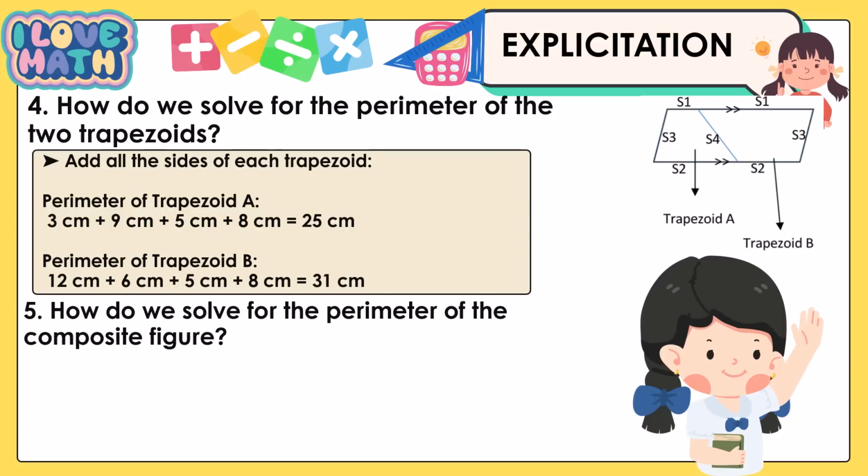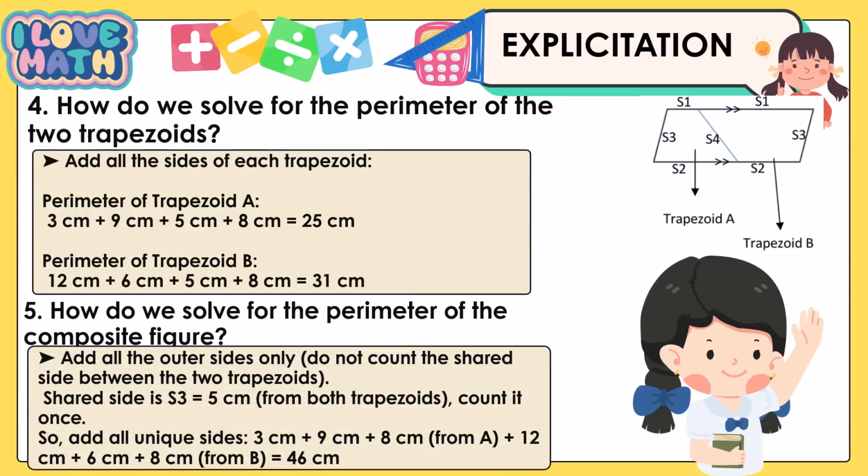Number 5, how do we solve for the perimeter of the composite figure? Answer, add all the outer sides only. Do not count the shared side between 2 trapezoids. Shared side is S3 equals 5 cm.